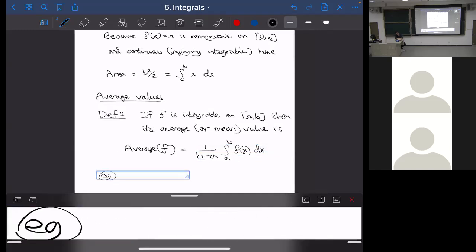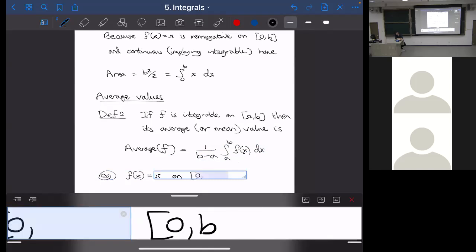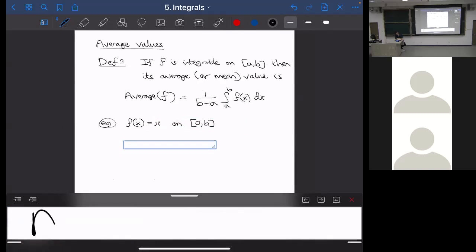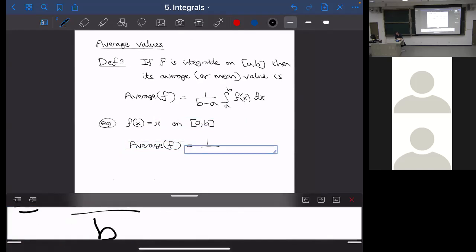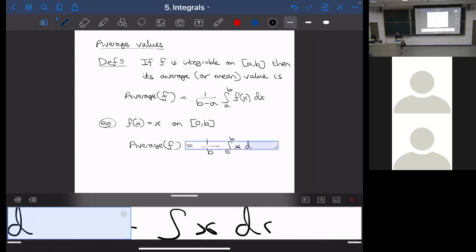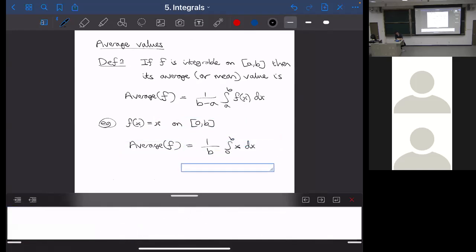So a simple example, f of x equals x on 0 to b. The average of f is 1 over the length of the interval, which is just b this time, times the integral from 0 to b of x dx.